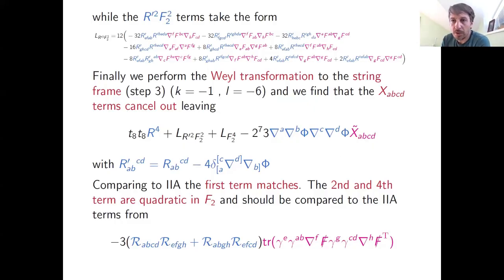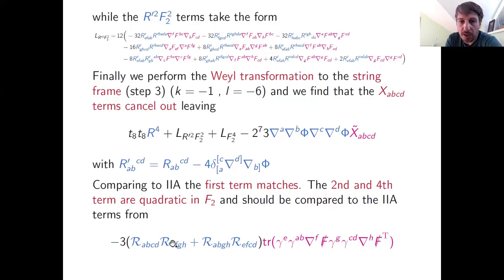So they should be compared to the terms that are quadratic in the Riemann field strength F2. That's sitting in the Riemann bispinor in the type 2A result. So this should be compared to the corresponding term that's quadratic in the Riemann bispinor. So that's the following. I wrote two terms, but I can combine them into this one term.